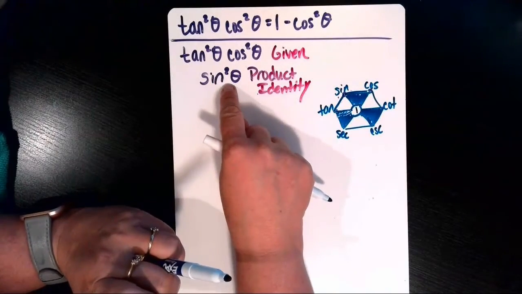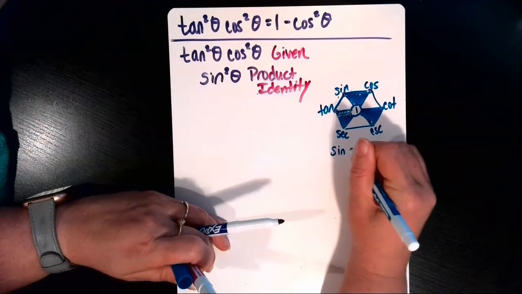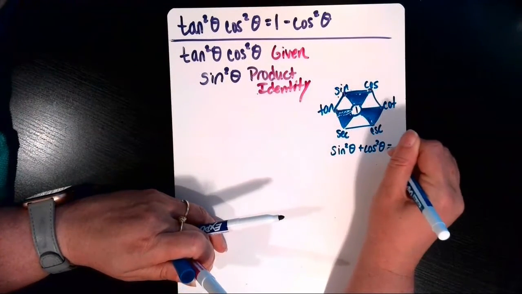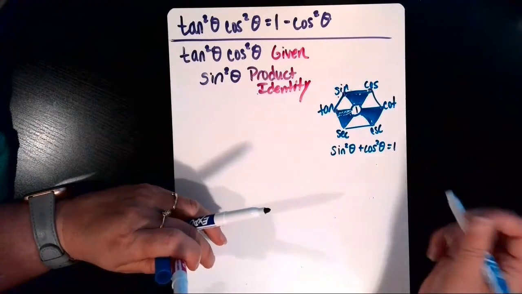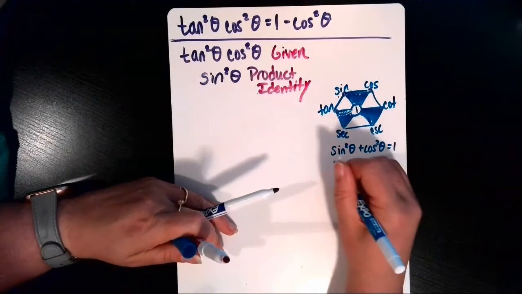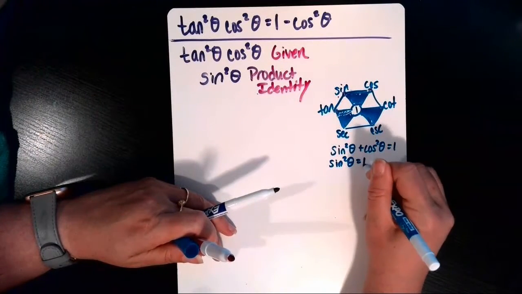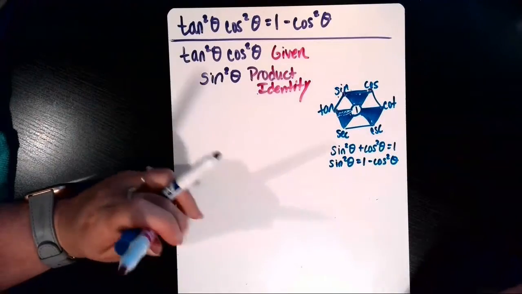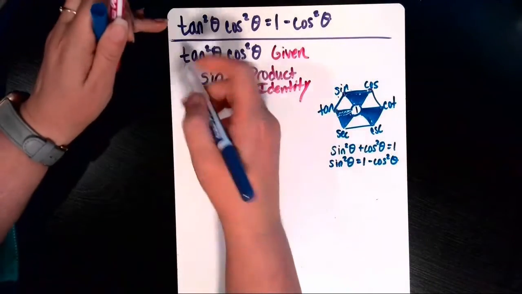Since I have a sine squared, I'm going to use that Pythagorean identity. Sine squared theta plus cosine squared theta equals 1 is the identity from the hexagon, and I'm going to solve that for sine squared theta by subtracting the cosine squared theta over to the other side.